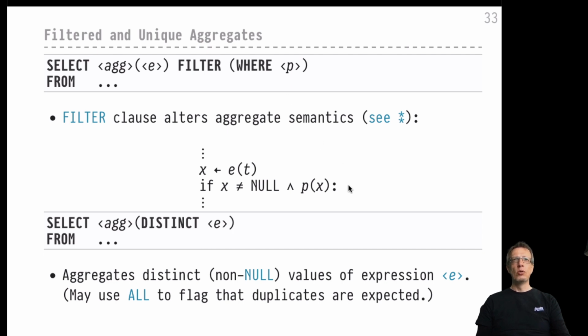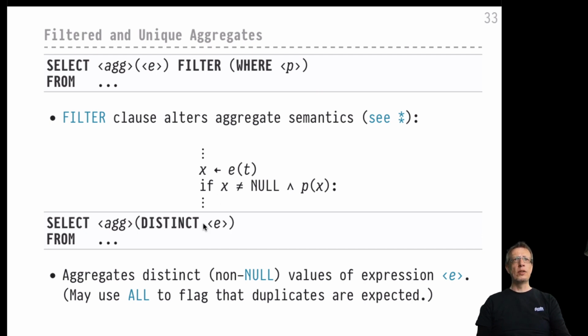If you recall the pseudocode of the earlier slide, we were checking for x being not equal to null, and we guarded the application of the merge function of the aggregate by this particular predicate. Now we use this conjunction of two conditions. X also has to satisfy predicate p, otherwise it may not contribute to the overall aggregate value.